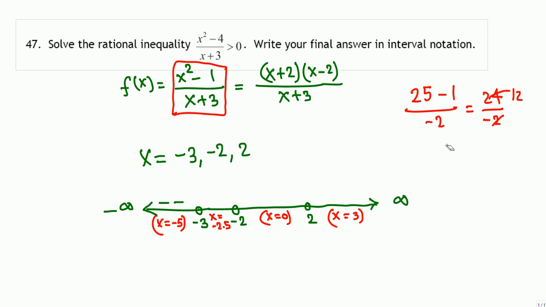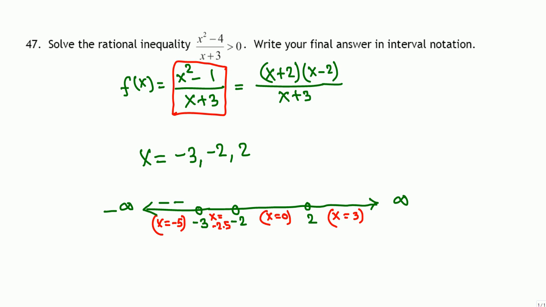Okay, now repeat this procedure. Test the sign of this function at each interval's sample point.